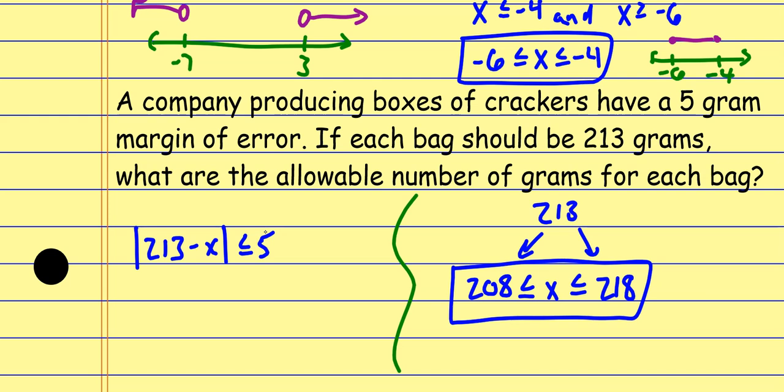Okay? In other words, to find the margin of error, I take the 213 minus the x, or the x minus the 213. Either one would be fine, and it's probably better to do it the other way. But to find the margin of error, I would just say, hey, x minus what it's supposed to be, that difference has to be less than or equal to 5, or the absolute value of that difference has to be less than or equal to 5.